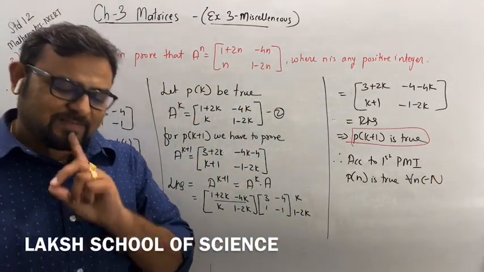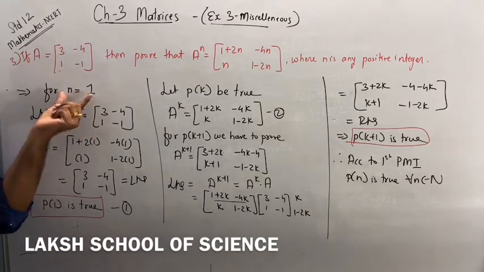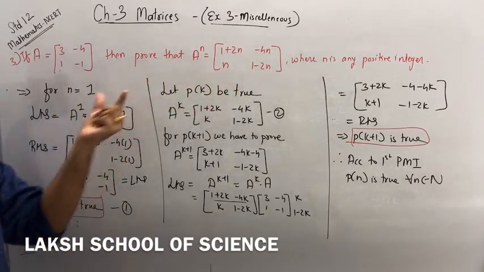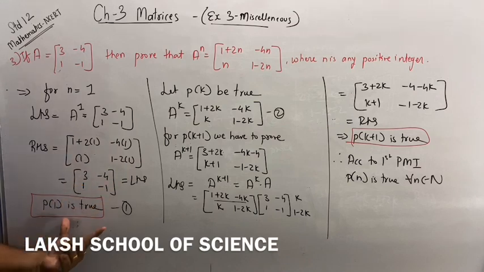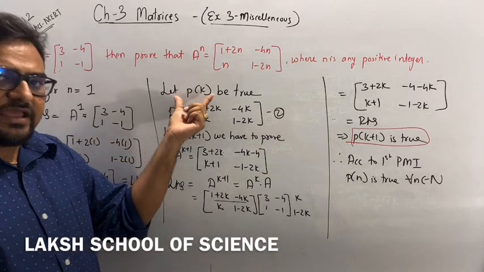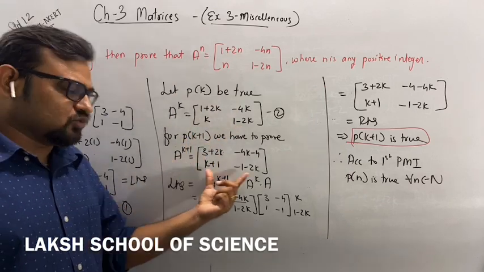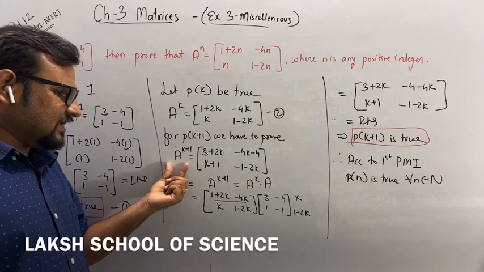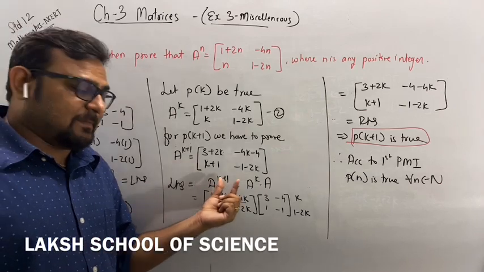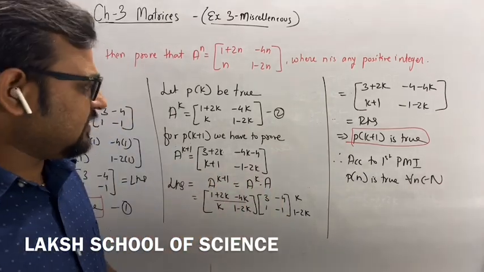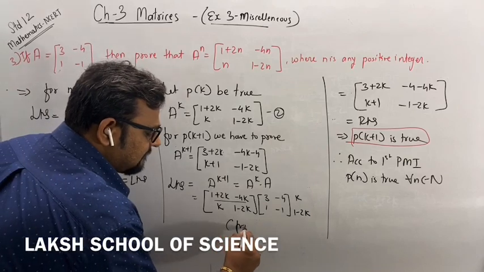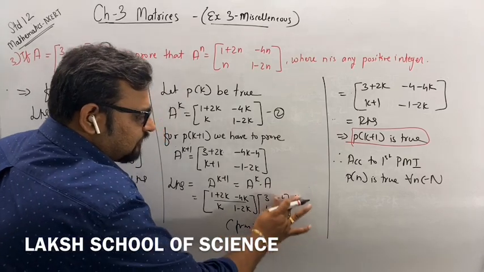Clear? I'm repeating what I did. I took n equal to 1, put the value in LHS and RHS. I got the same. So P of 1 is true. I took P of k as true and I got this. For P of k plus 1, I need to prove this. So I took LHS, A raised to k plus 1 into A, separated the power. I got this from 2.